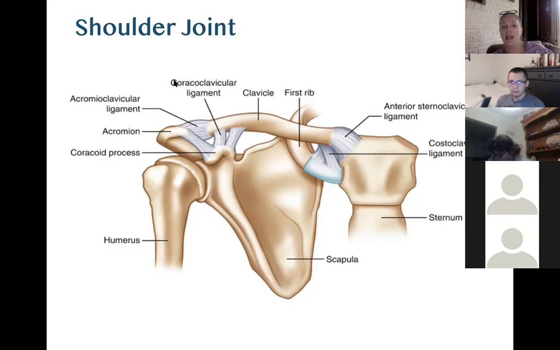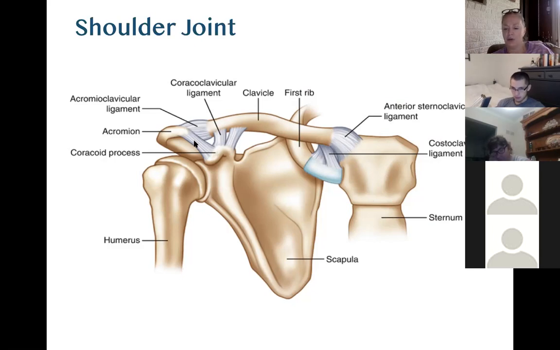You're also going to have ligaments holding it to the clavicle, kind of stabilizing the whole shoulder girdle to the main axis of your body. So that clavicle will also be the connection that comes in and stabilizes at the sternum. So you can see how this is kind of holding this all together right here.